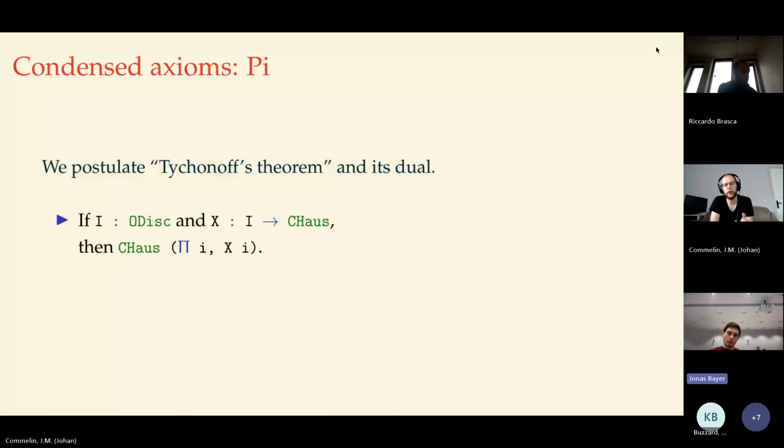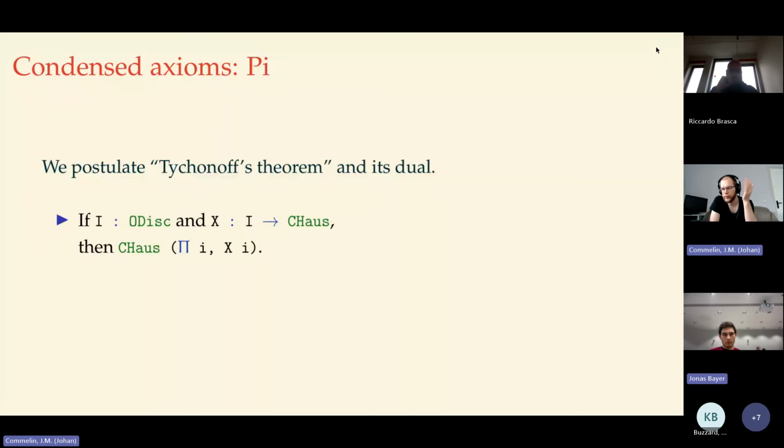And so if you have a discrete indexing set, and a family of compact Hausdorff spaces indexed by this discrete set, then we want that the product of those compact Hausdorff spaces is again compact Hausdorff. And that's exactly Tychonoff's theorem. So not only is a finite product of compact Hausdorff spaces again compact Hausdorff, but also infinite products.